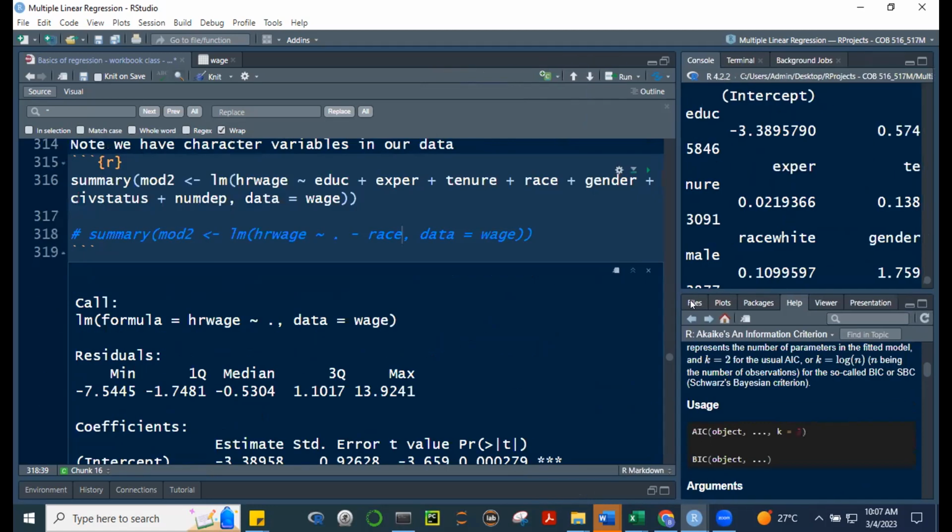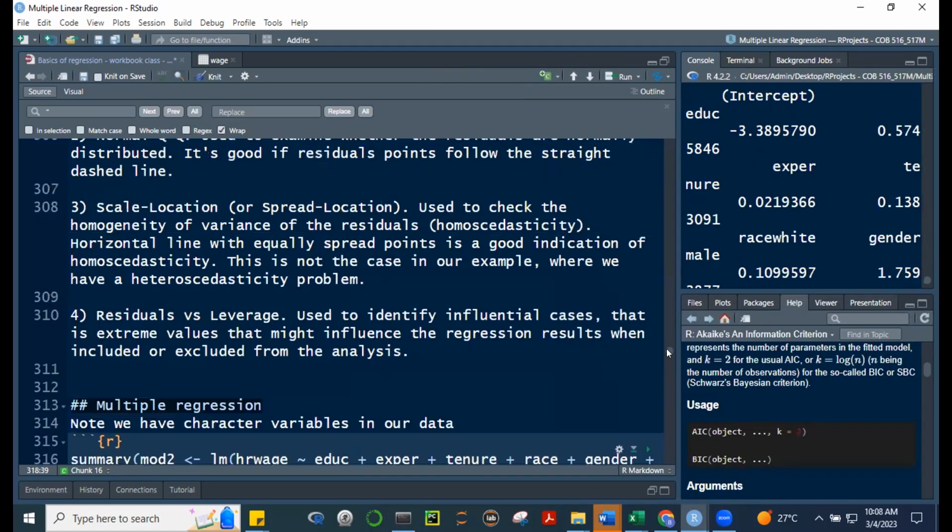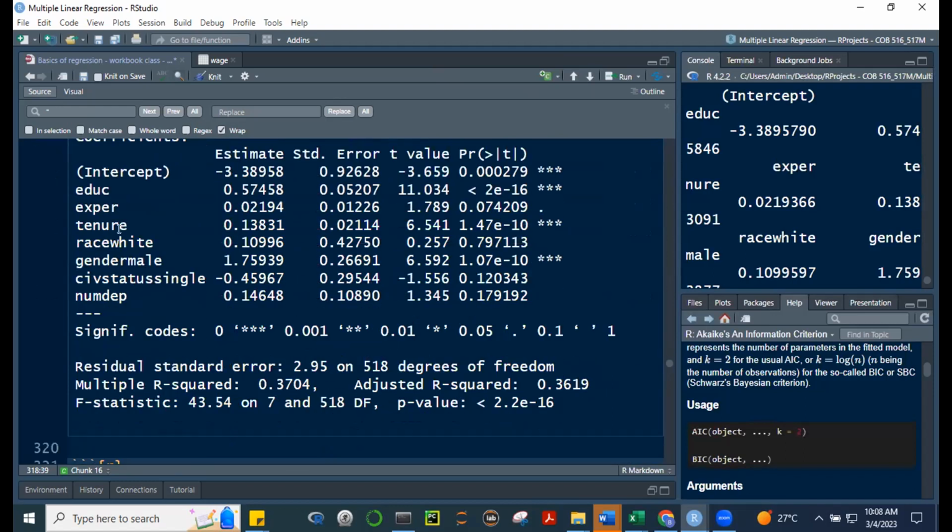Bakit? Kasi di ba ang sabi natin, walang education, walang experience, walang tenure. So 0-0 lahat yan, di ba? Tapos no dependents din. So 0 din yan. Married siya. So kung married, 0 to. Yes, benchmark po. Non-white siya, so 0 din to, di ba?